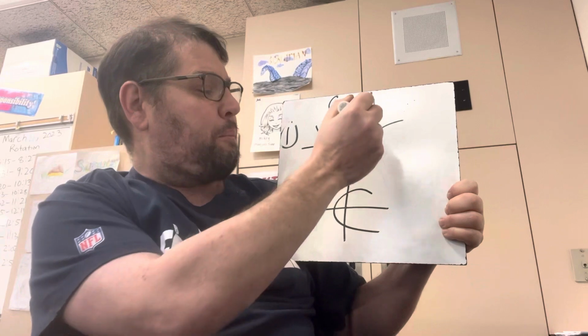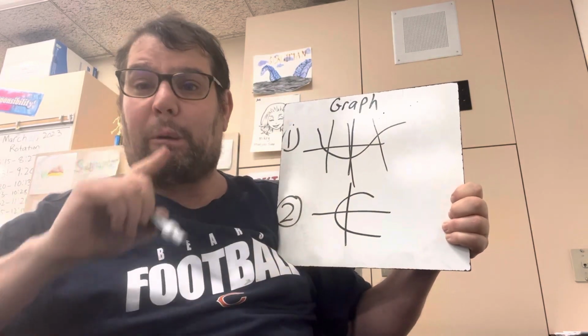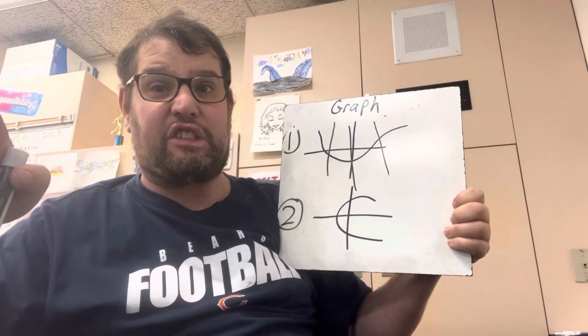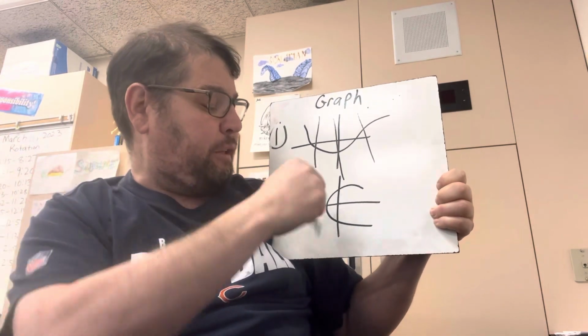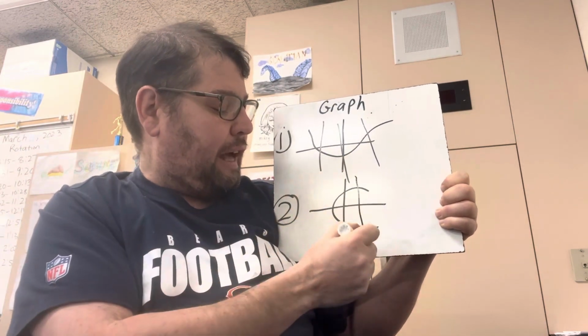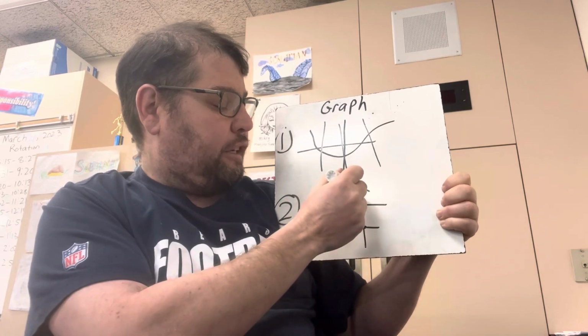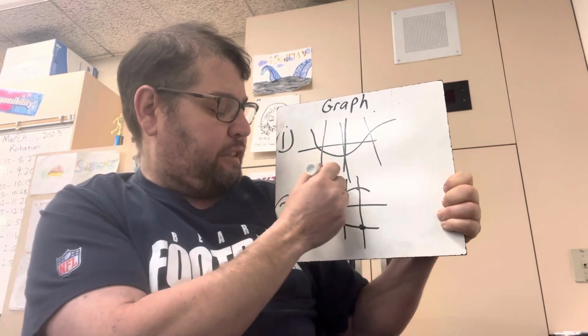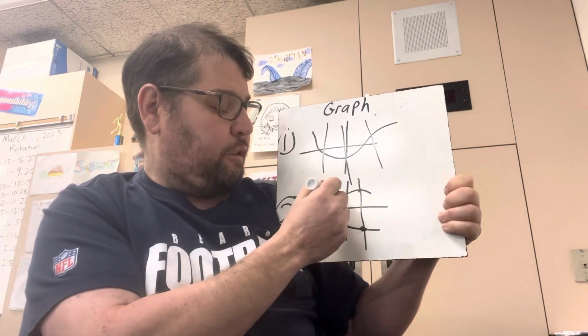Only goes through 1 point. Only goes through 1 point. Therefore, it is a function. That's right. Now, if we look at this one, and I draw a line straight down, it goes through 2 points. That is not a function. It goes through 2 points. It is not a function.